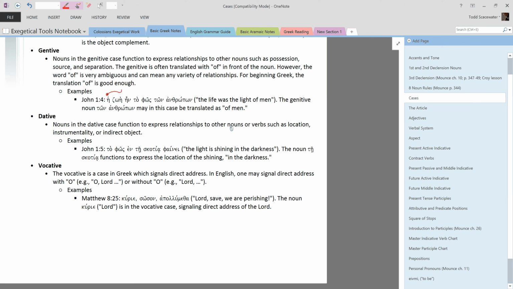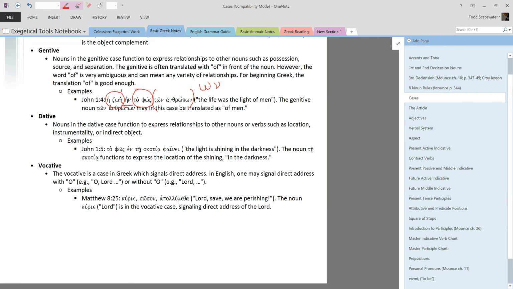You have he zoe in the nominative case, meaning life, en meaning was, to phos meaning the light, and then ton anthropon, which is from anthropos, which means man. It's in the genitive case and it's plural. This on ending, which you'll eventually learn, signals the genitive plural. And so you would translate this of men.